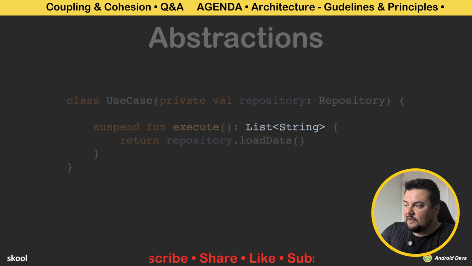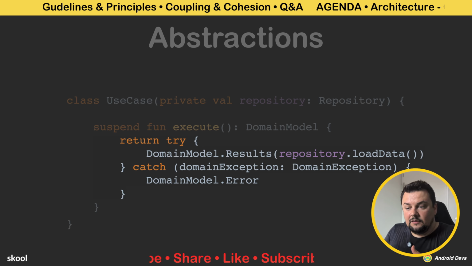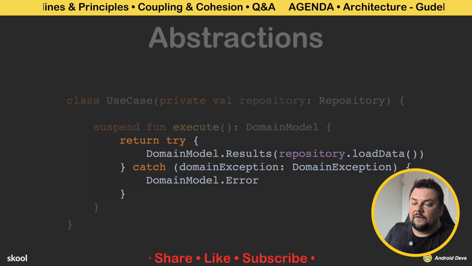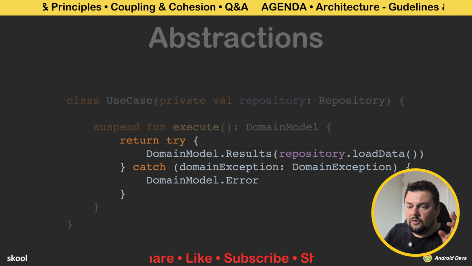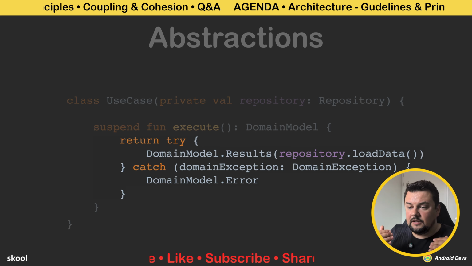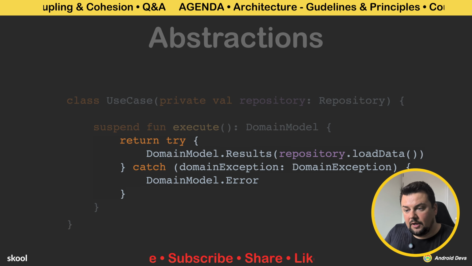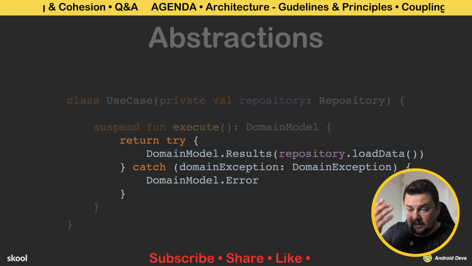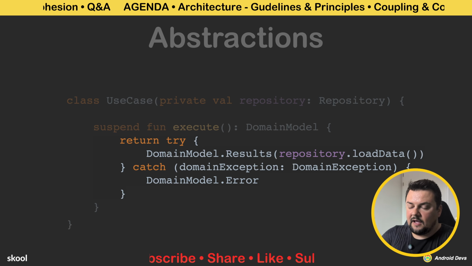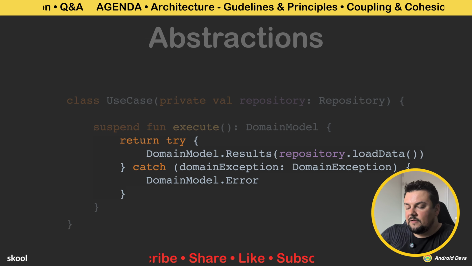So one example would be, for example, this one would return a domain model, right? And then when it returns a domain model, we have to introduce some sort of logic here that will try to get the data, convert it somehow into a domain model and return it. Or if there is an exception, it would convert that into an exception and then return back that domain type. So now we have a reason for this type to exist.